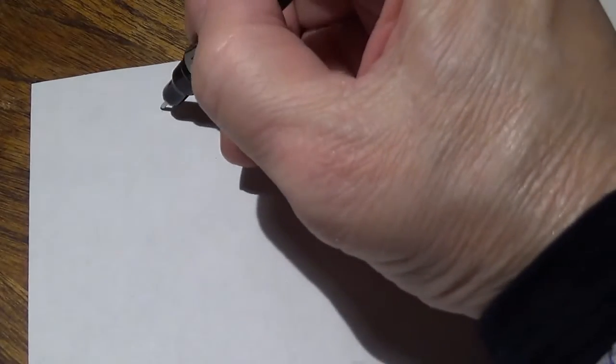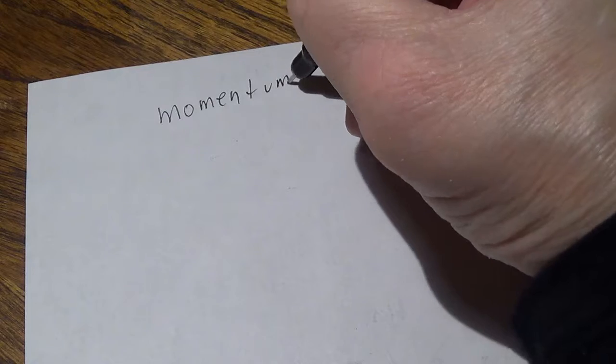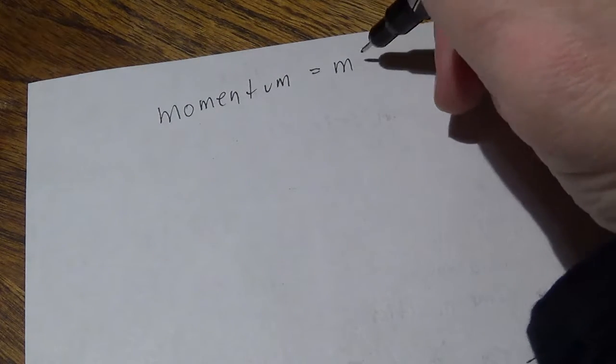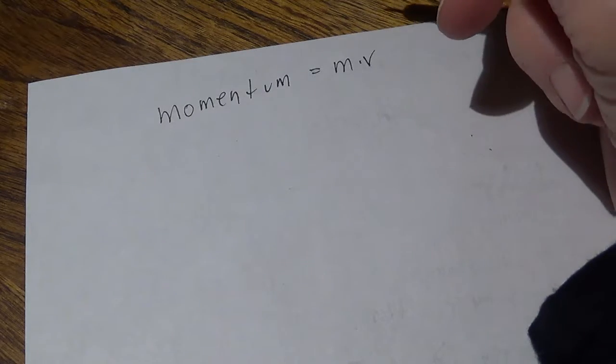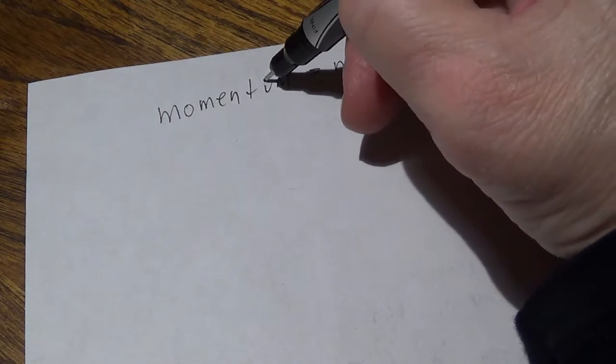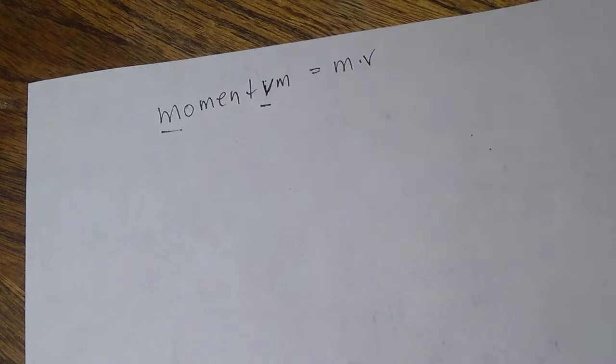So, somehow you must remember that momentum equals mass times velocity. And it would be nice if there was a V in the word. How about we make this a V? Now we see it, mass times velocity.